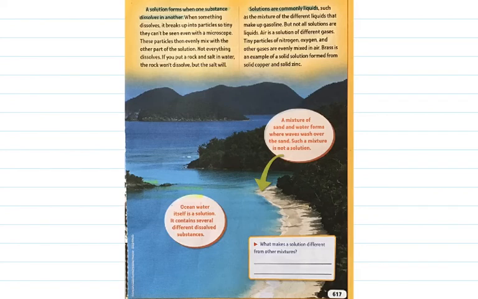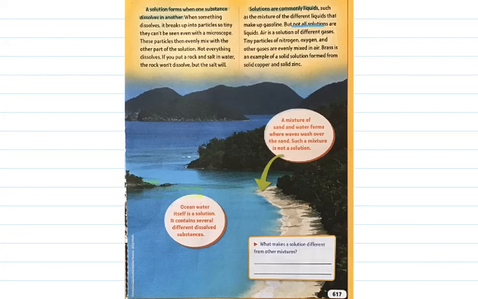Okay, solutions are commonly liquids. That's in blue highlighter. Solutions are commonly liquids. Put your blue highlighter down. Such as the mixture of different liquids that make up gasoline. But not all solutions are liquids. I want you to underline that in pencil.